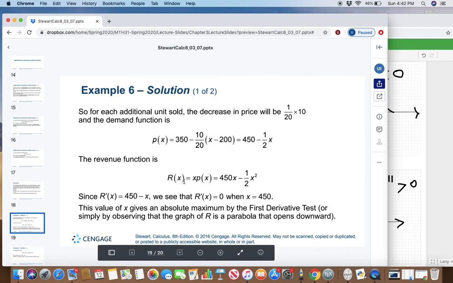Whatever you wish to maximize, take its derivative and set it to 0. You get x equals 450. This x gives an absolute maximum by the first derivative test. Or notice, what is R? R is a parabola and it opens down. So the critical number will give you the maximum.